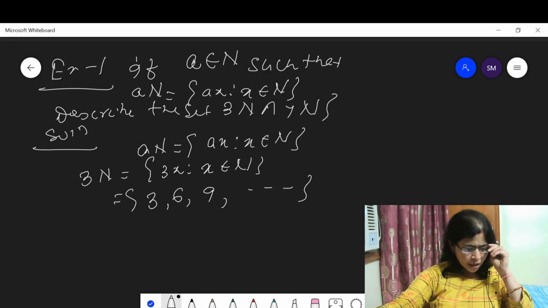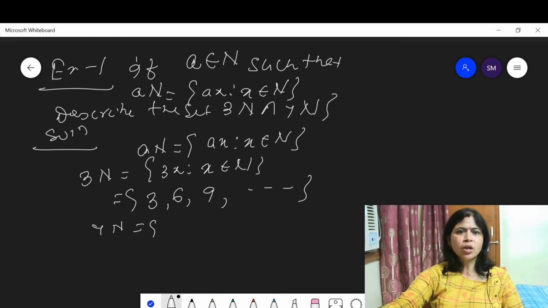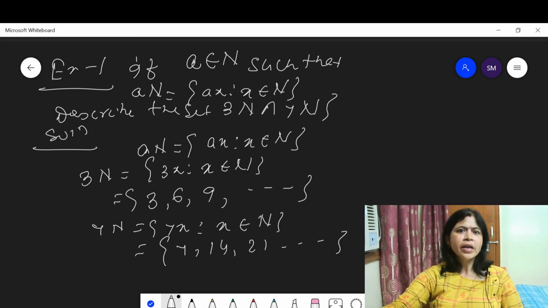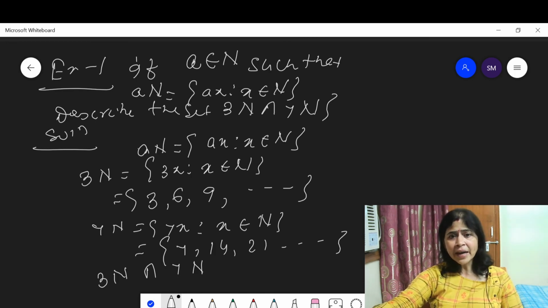Now find the 7N. 7N is equal to {7x such that x belongs to N}. This is the multiple of 7: 7, 14, 21, in this way. Here you have to find 3N intersection 7N. Here 3N intersection 7N means the elements which are multiples of both 3 and 7.